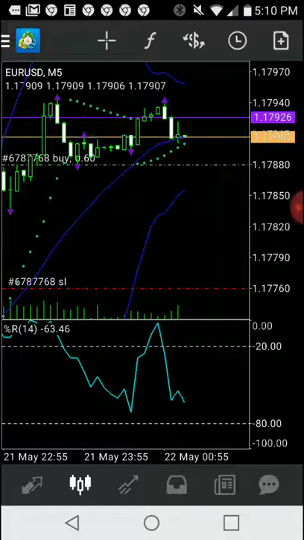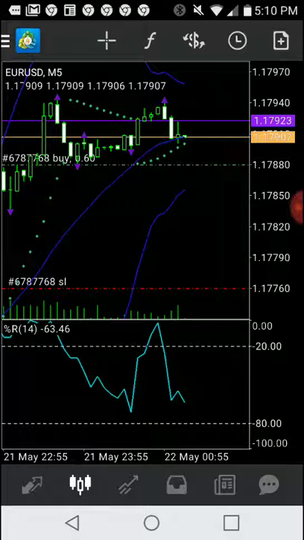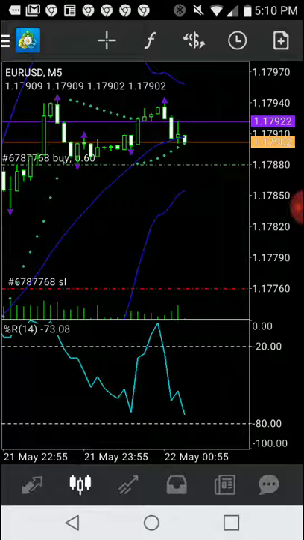So we're going to decrease our stop loss and bring it up from 1776 to 1782, which is around 6 pips. It cuts the difference in half, basically. You want to cut the difference that you have in half, and that will be that.